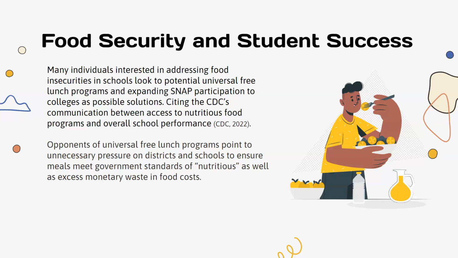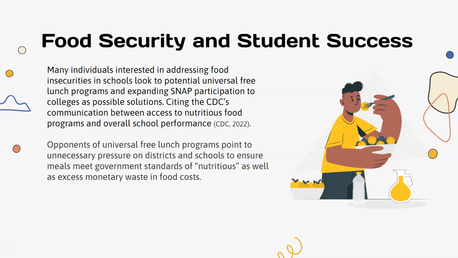Another way to look at this, many people talk about food insecurities and student success. Many people are interested in looking at a program for universal free lunch programs or even expanding SNAP participation to colleges as a possible solution. SNAP is a government nutrition and food assistance program. Essentially citing the CDC's communication between access of nutritious food programs and overall school performance as a reason why these programs should be accepted.